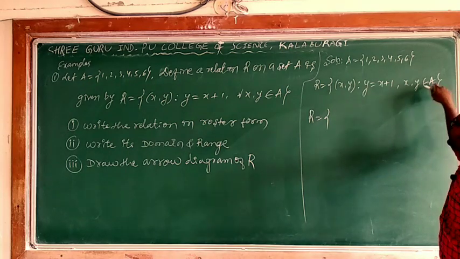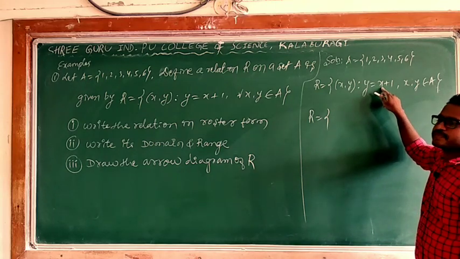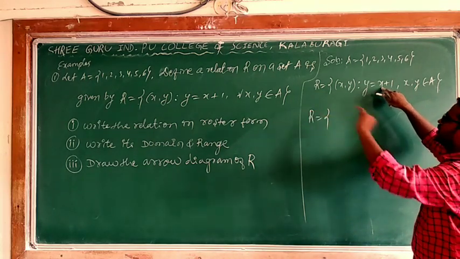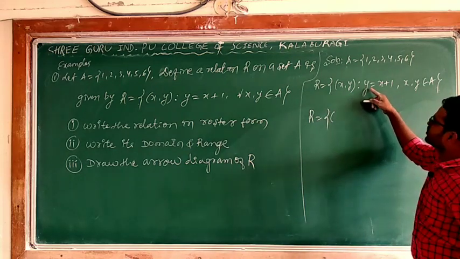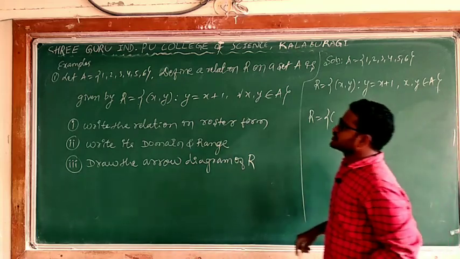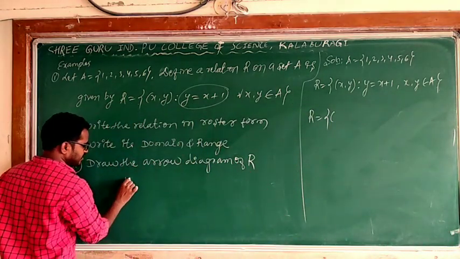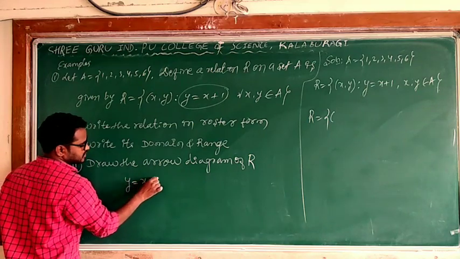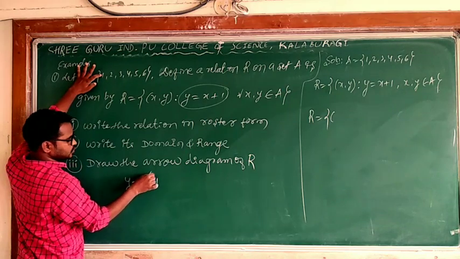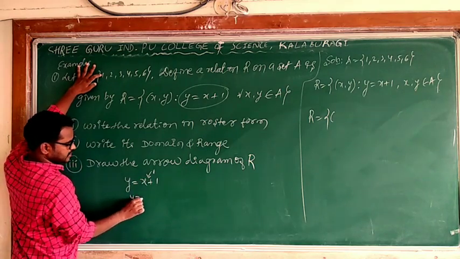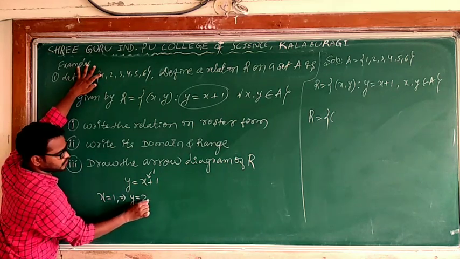Can I say, when I take x is equal to 1, 1 plus 1, I will get y is equal to 2. According to this relation y is equal to x plus 1, x is equal to 1 implies that y is equal to 2.